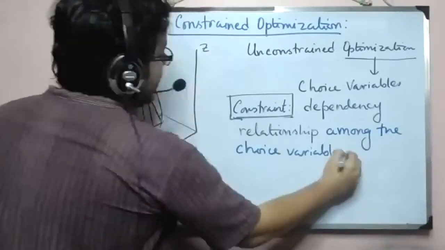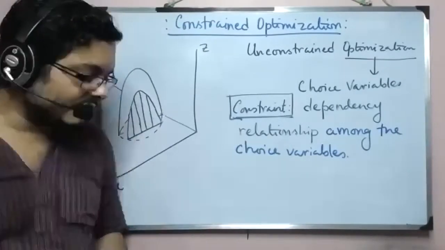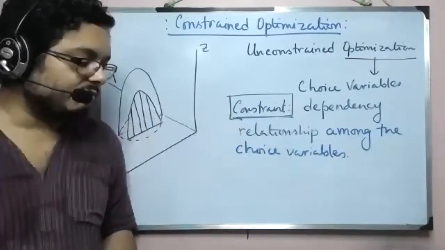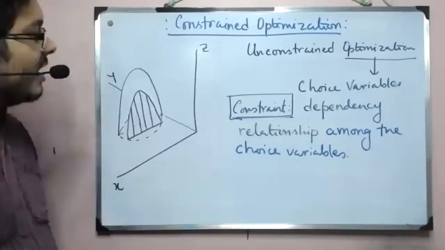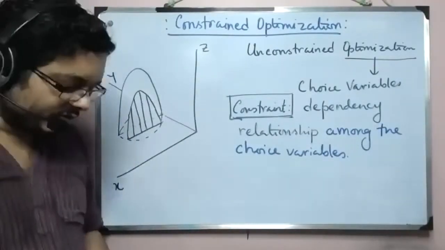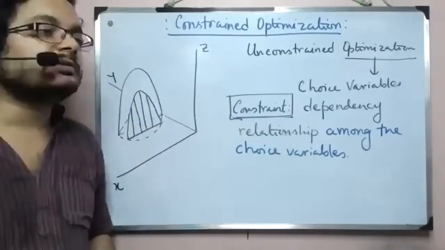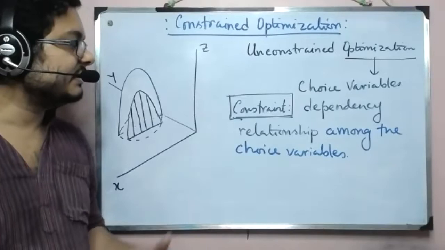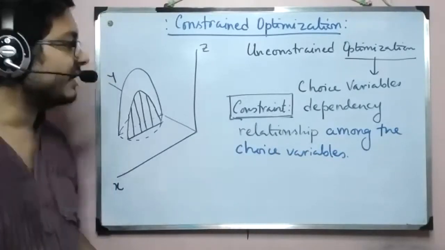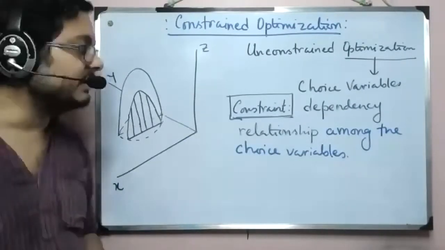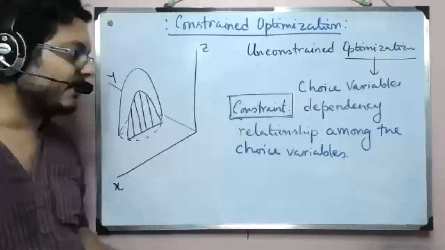reason of writing "among" is this: though we are going to concern ourselves only with two choice variables, although this is a part of multivariate calculus, we will mostly talk about bivariate optimization. Obviously these problems can be extended to any length, and all the methods that we will learn are also applicable for a huge number of choice variables.